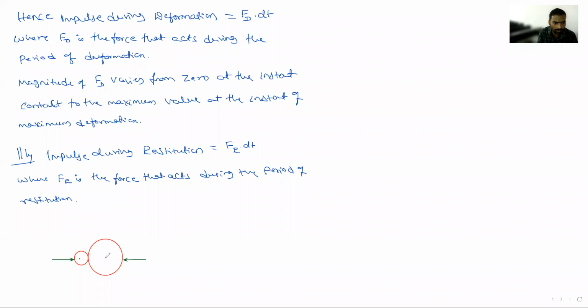Direct, and one more point I want. Direct and central. Yes, correct. So this is direct. All of you write down: direct central impact.